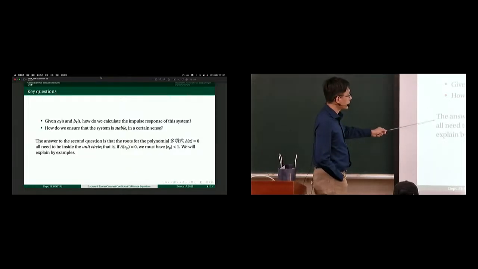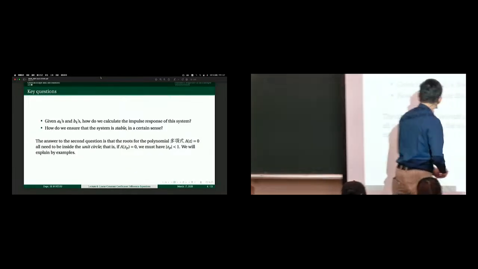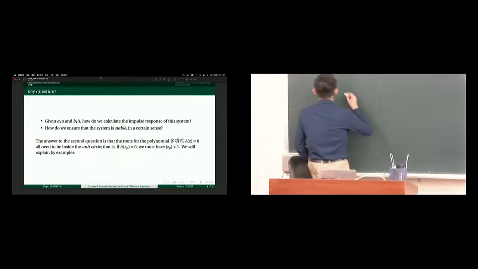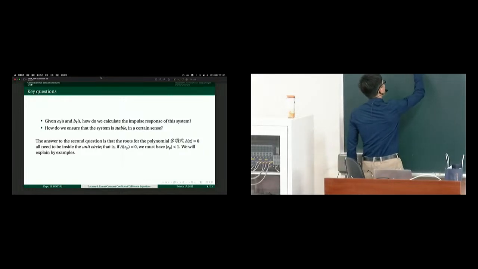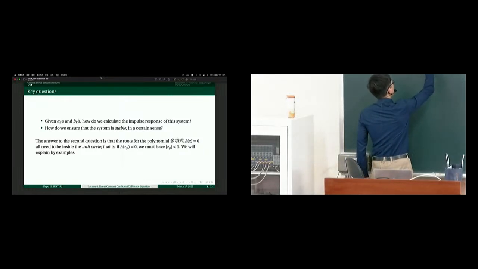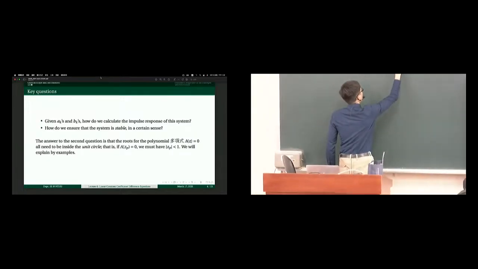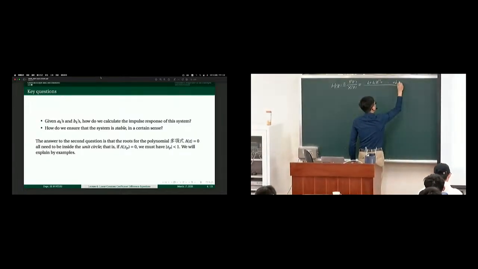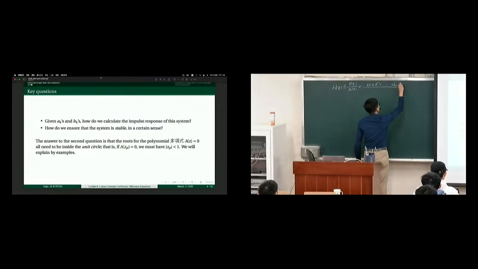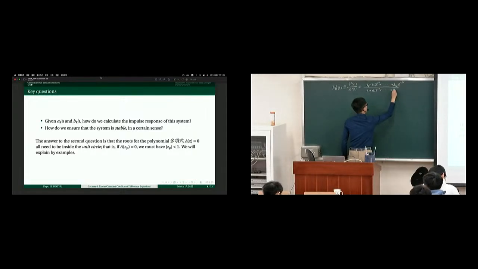So the second question is that once we organize everything into H of z, defined as Y of z divided by X of z, in turn it's going to be something like b0 plus b1 z inverse plus and so on, up to big N terms, z to the minus N. And at the bottom, we have 1 plus a1 z inverse plus all the way up to a_M z to the minus M, that many terms.